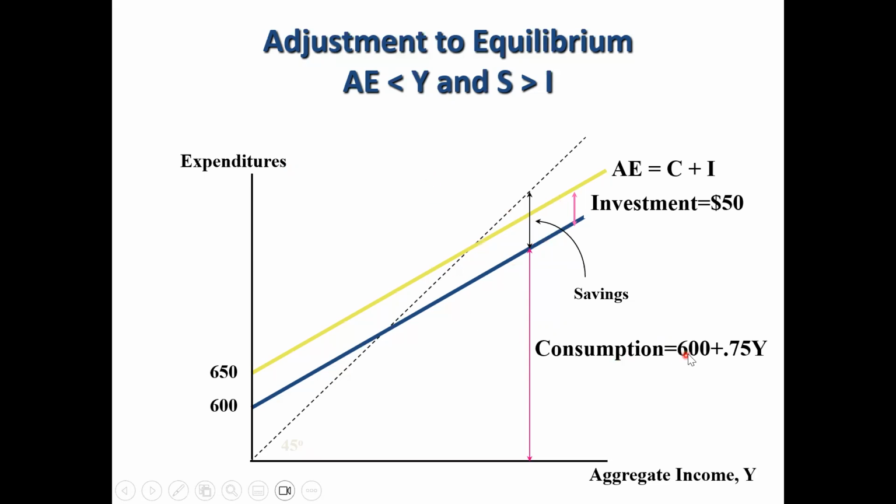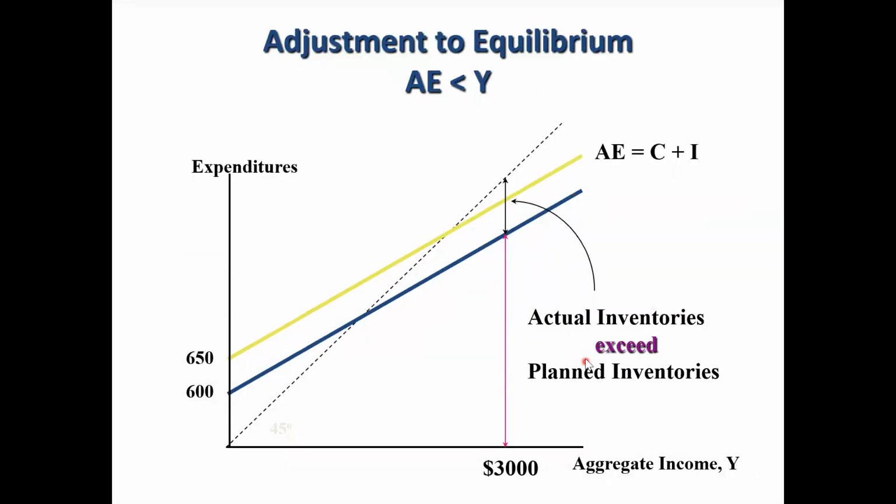While the consumption is equal to 600 plus 0.75Y. This means that we have a marginal propensity to consume equal to 0.75, and an autonomous consumption equal to 600. So here we have two cases.